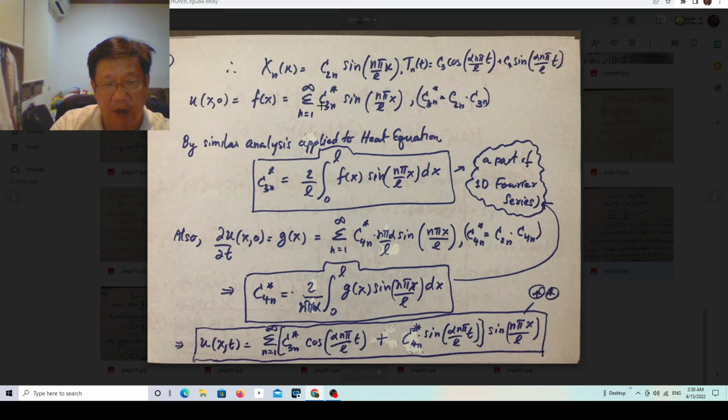The next step is to define this constant. Using a similar analysis, this goes back to the case of the one-dimensional heat equation. You can derive that c star 3n has to be equal to 2 divided by L times the integral, which is a constant in a similar fashion to the Fourier series coefficients of the one-dimensional Fourier series.